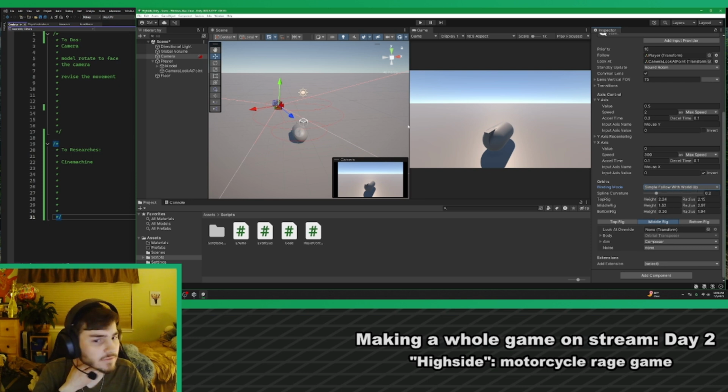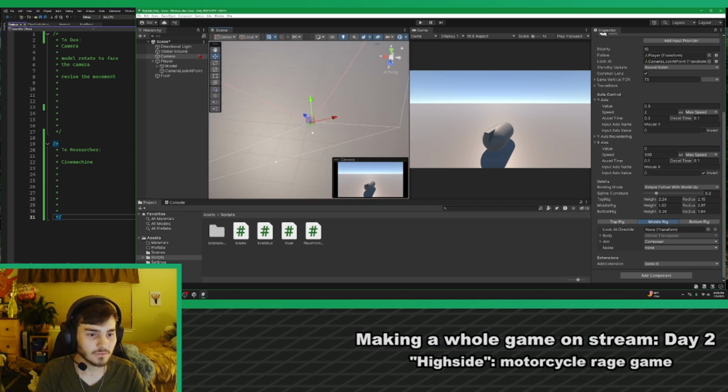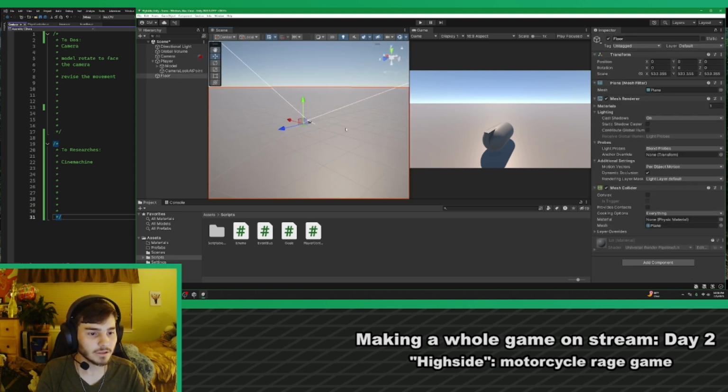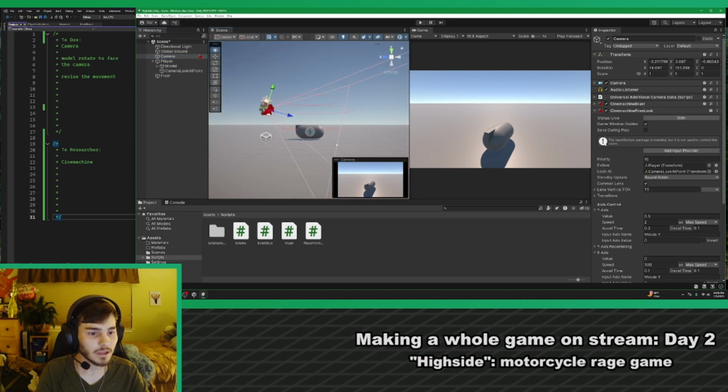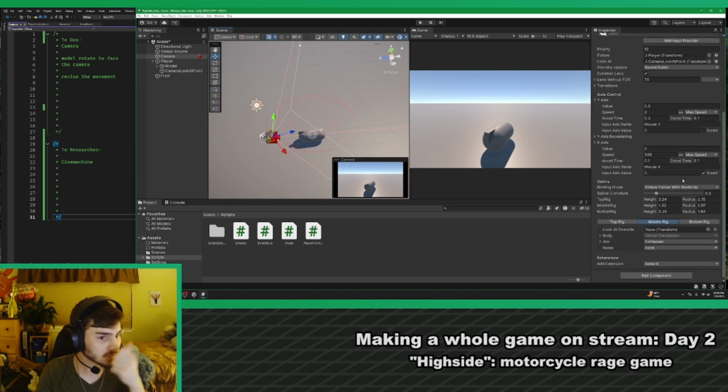How do I increase its follow speed? I think it's kind of difficult to tell from moving anywhere. So I kind of want to make a tile floor. That would be a pain. Let's keep going with this for now.